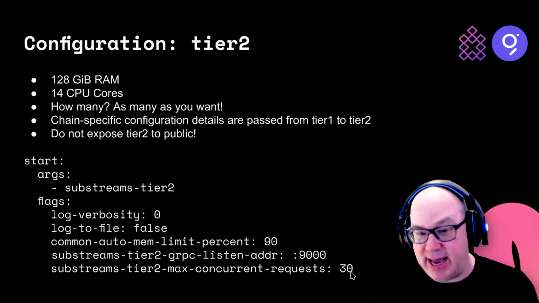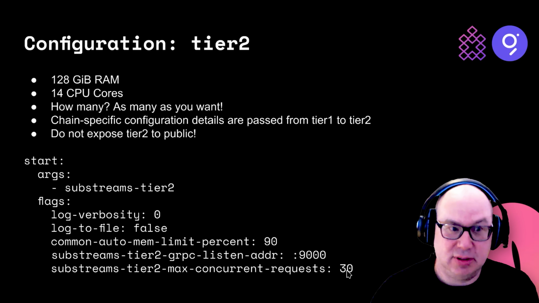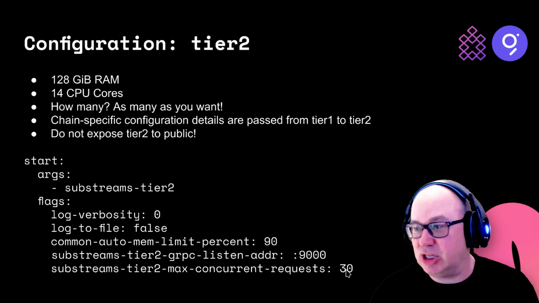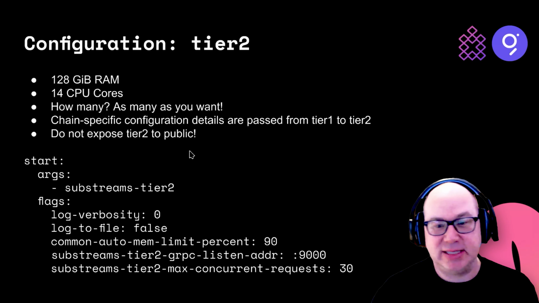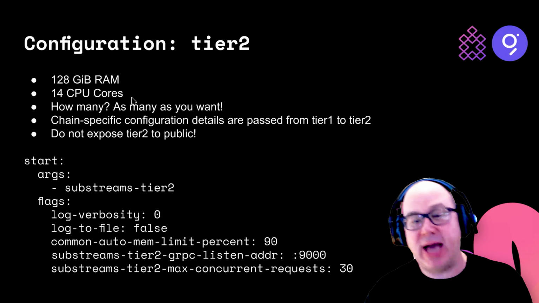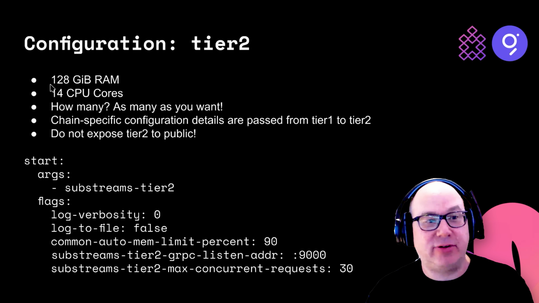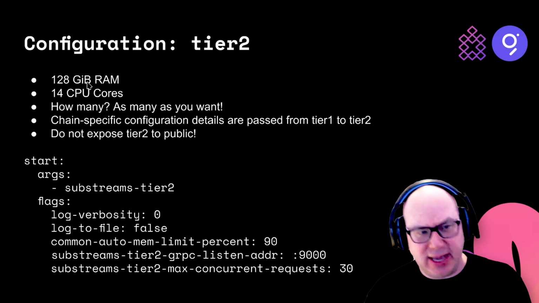If you put it too high, then obviously you're going to run out of RAM or CPU. If you put it too low, then you're wasting hardware. So the challenge with configuring substreams is getting a feel for your hardware and the load that you have. What is the right number to put here? So you can fiddle around with how much RAM you allocate to these things.